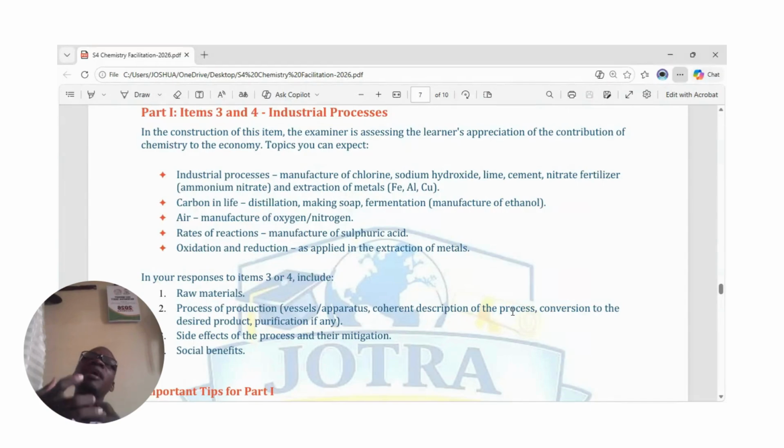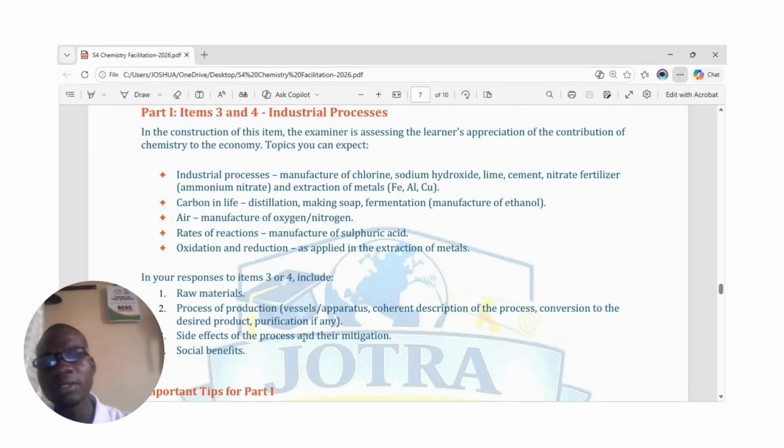What do we mean by coherent description? Is it chronological? That's what we mean. Then conversion to the desired product, and then purification if there is any. The third one is side effects of the process and their mitigation.